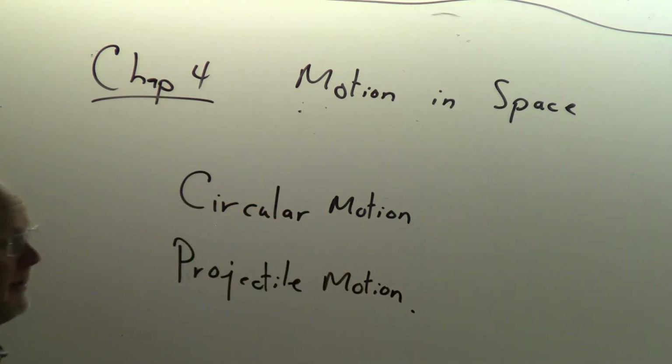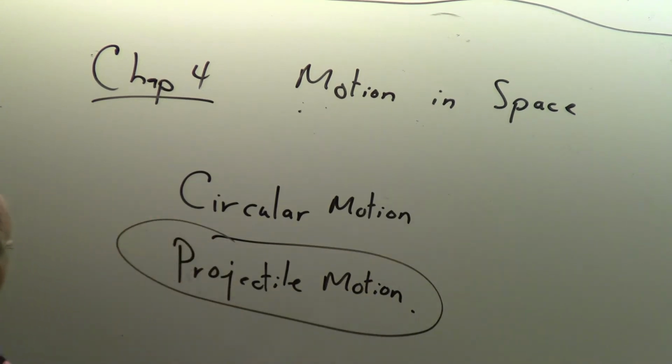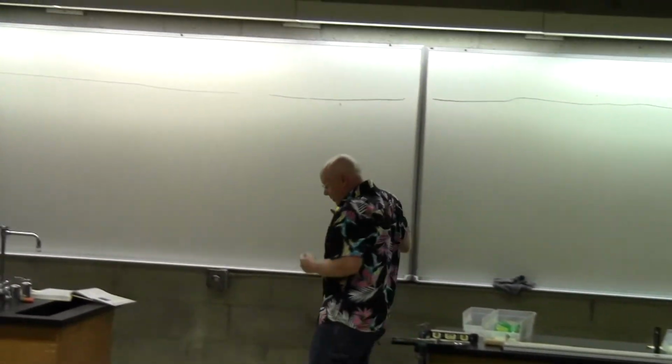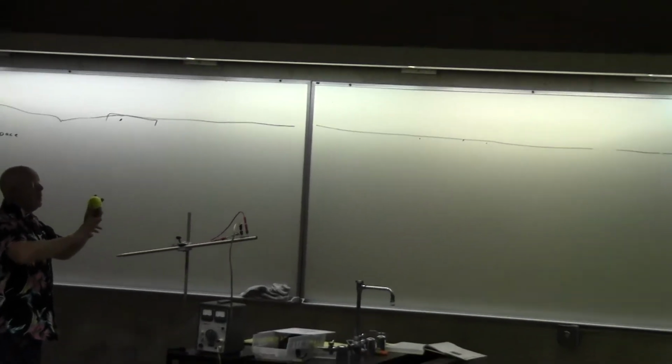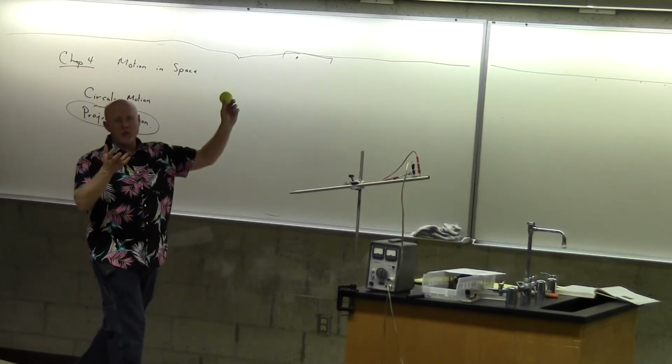Let me pick up then and do the second half of this chapter with what we refer to as projectile motion. And what we mean by projectile motion is simply this. Let's see if I can find a simple object. How about this tennis ball here? Projectile motion is just saying, what would happen if you launched something, and it doesn't matter how you launch it.